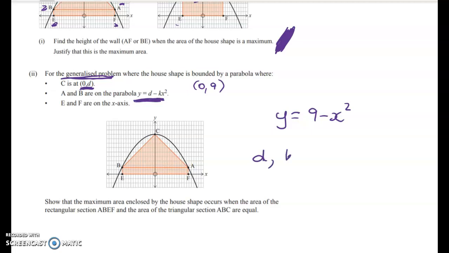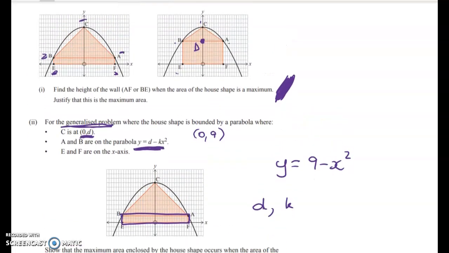So d and k could take on any values. And we have to show now that the maximum area occurs when the area of the rectangular section and the area of the triangular section ABC are equal.